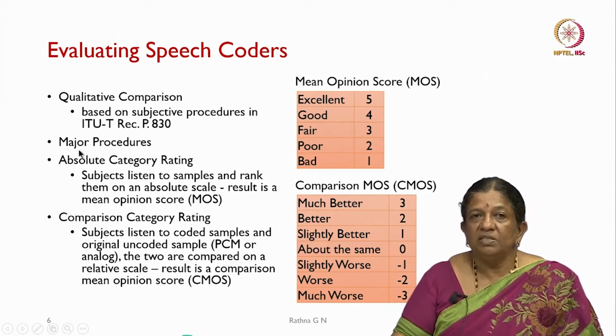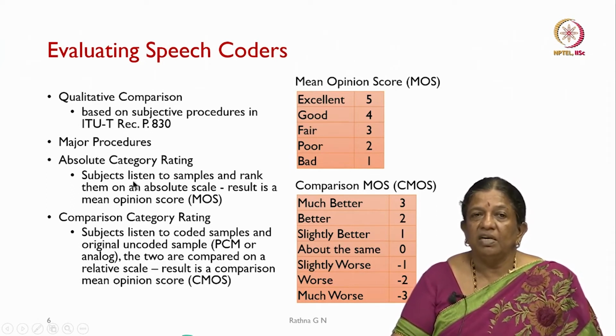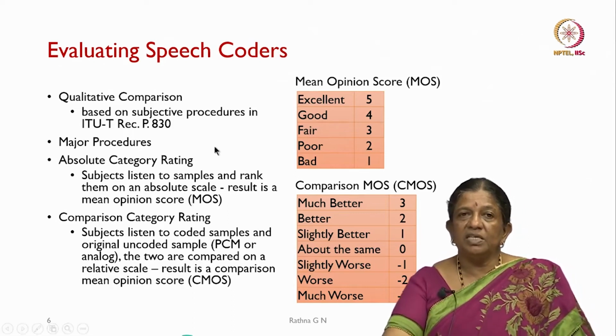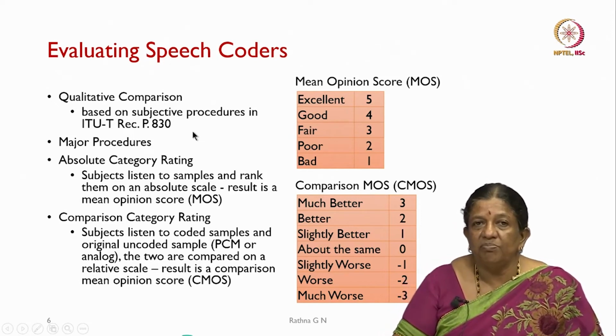The other major procedures that are followed are, first, absolute category rating, where subjects listen to samples and rank them on an absolute scale. The result is a mean opinion score. In this case they listen to the output and compare qualitatively.